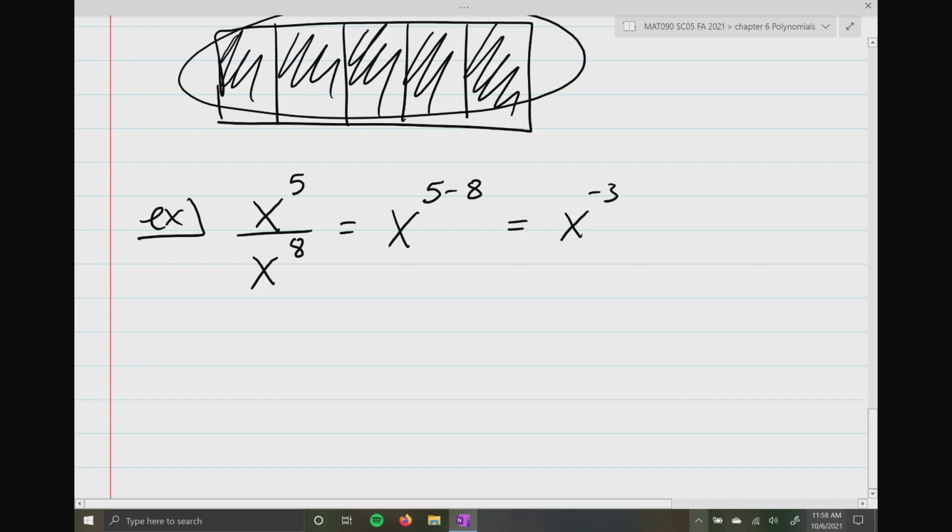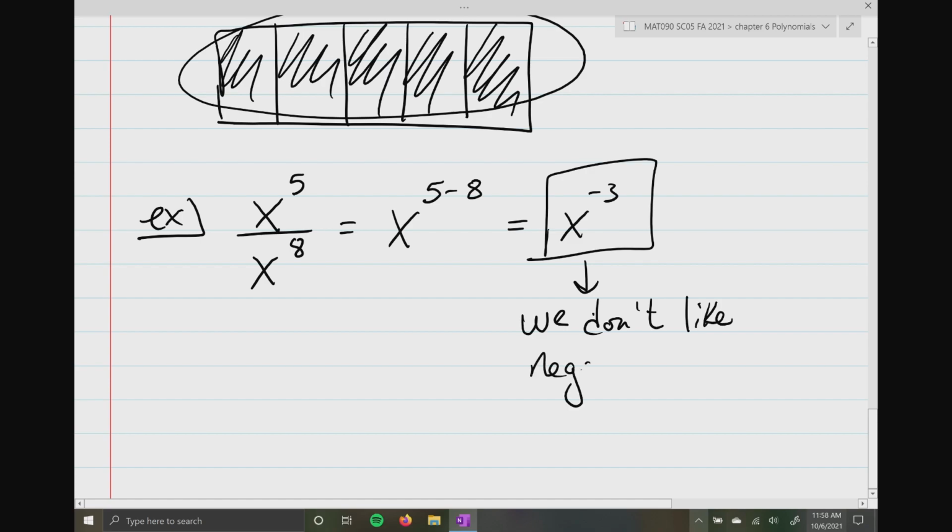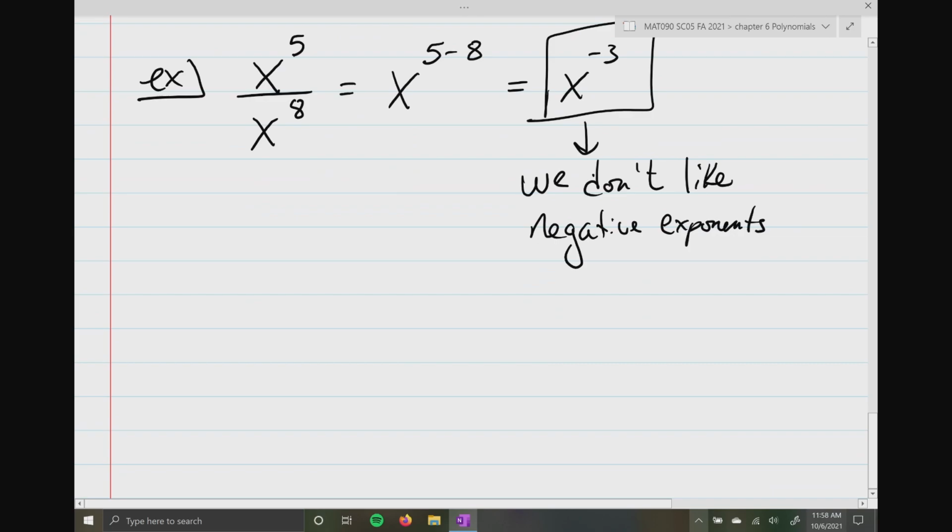All right? We don't like negative exponents. We just don't like them. So the last rule that we're going to learn is called the negative exponent rule.